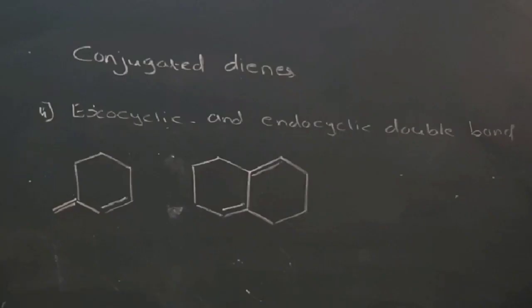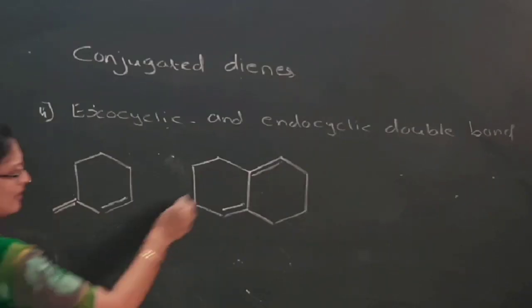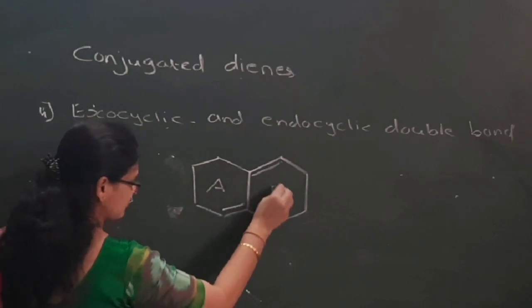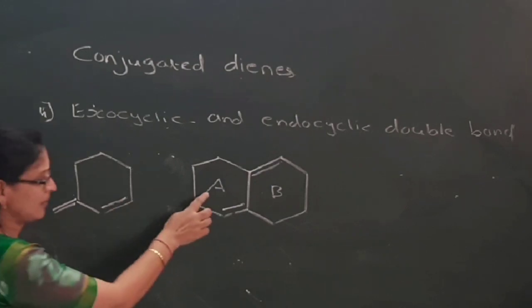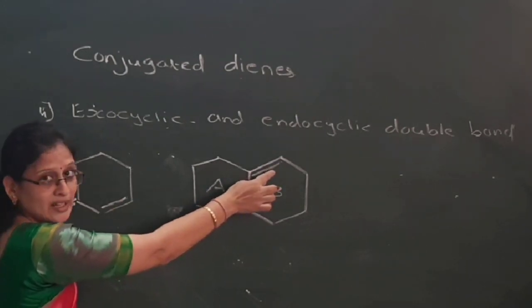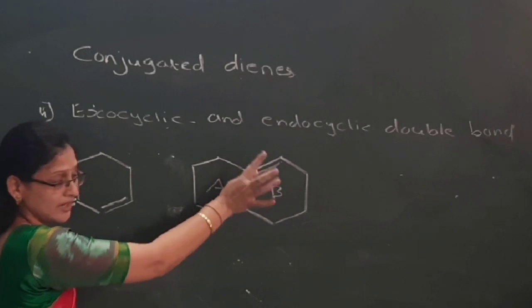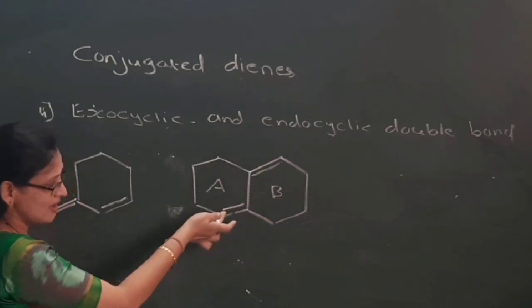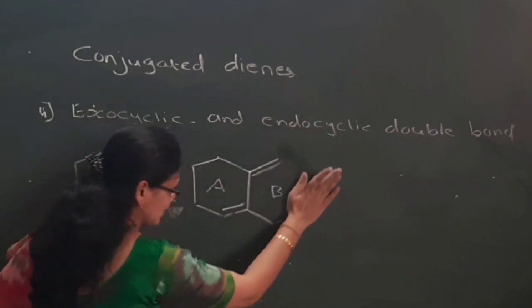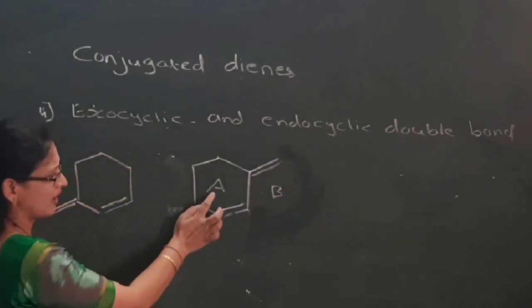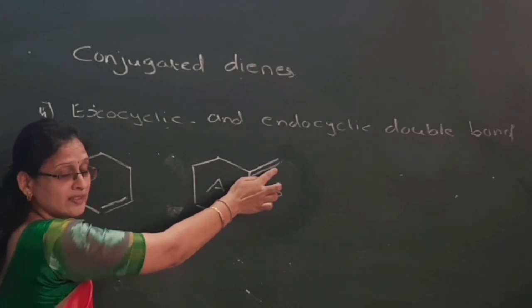See this one, here also I will mark this ring A and B. The double bonds are in conjugation. For ring A, this is outside the ring. For ring B, this is outside ring B. So you can see here for A, this is outside the ring.